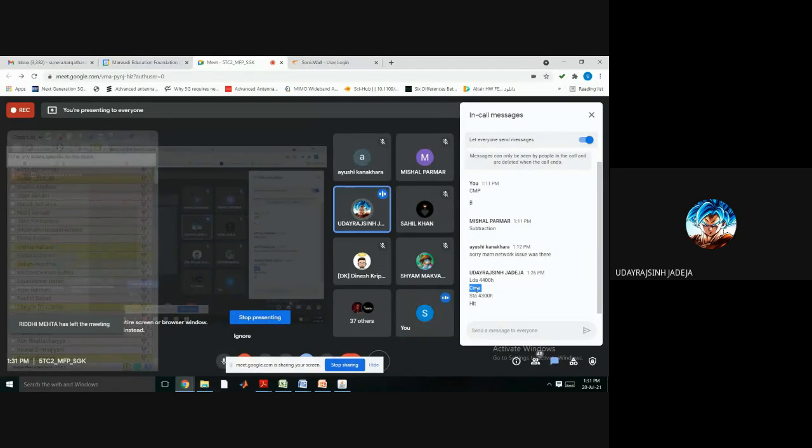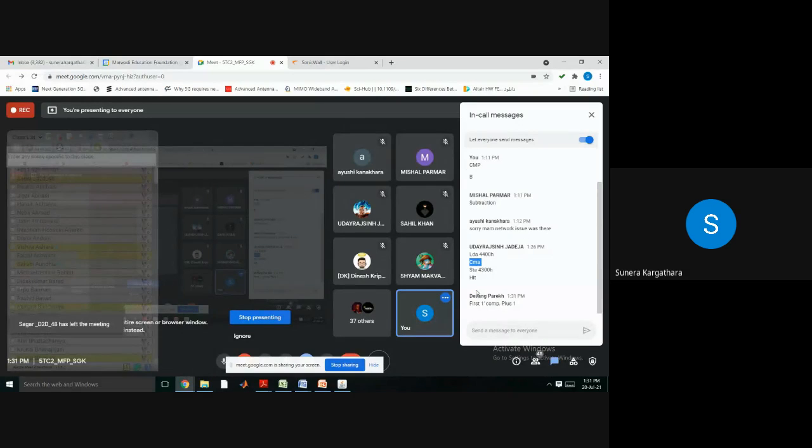Sahil? One's complement plus one, I guess. Very good. 1's complement plus 1 will give you 2's complement. Yes, Deva, correct. Now with this logic, you can write your code. You have to first complement and then add 1. Everyone will write this code.